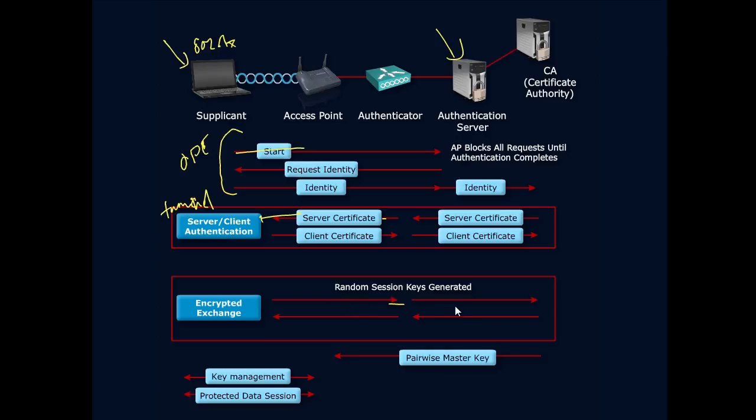This gives us our pairwise master key or PMK. This is a symmetric key. That means up here we were exchanging what? What were we exchanging up there? We were exchanging an asymmetric key up here.